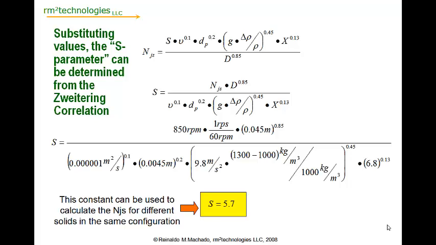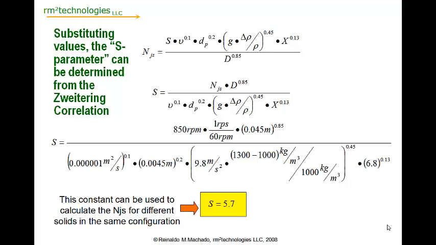When we plug in all the appropriate variables, we can determine that the S constant for this particular reactor configuration is 5.7. This then allows us to calculate the various agitation intensities necessary for different types of solids or particles in the system.